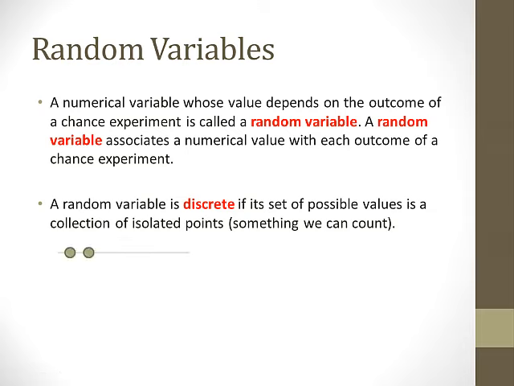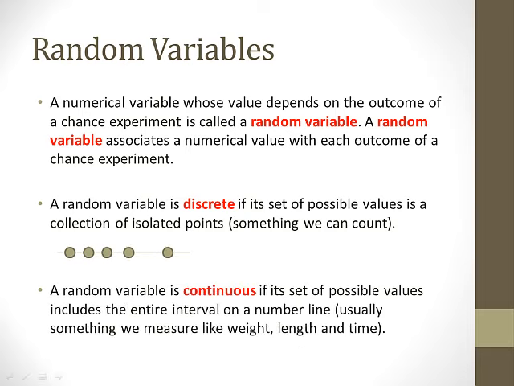So it may look like this. It's sort of a picture. We're able to physically count the numbers. It's continuous if the values include an interval of some numbers, usually something we measure: weight, time, length, things of that nature. So graphically, values can fall within a range of values like this.